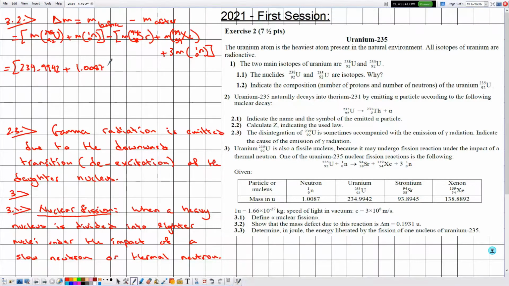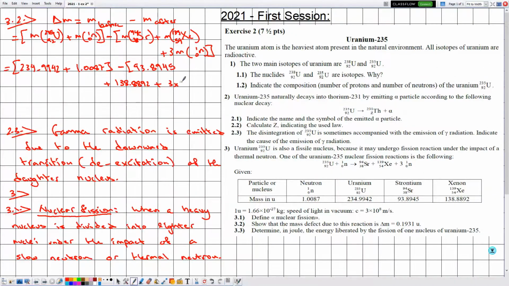Now the mass of this nucleus plus the mass of the other nucleus plus 3 multiplied by the mass of the electron, which is given by that.